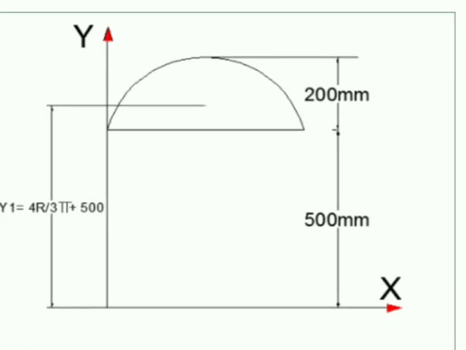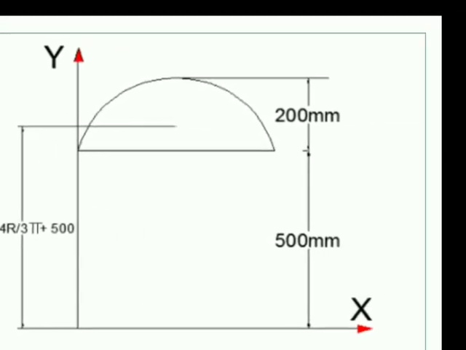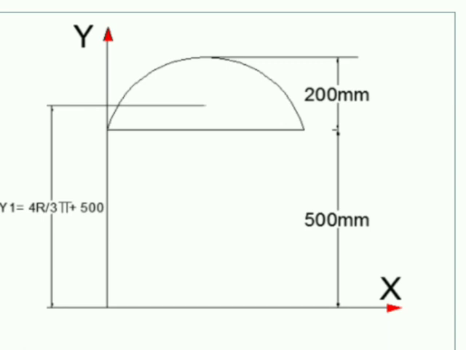Now next we'll come to the semicircle, which is the topmost element. Here I'll be taking y2. Again I apologize for this writing mistake. Please make it y2 while solving. Now how much will be y2? Firstly, from the CG to the base of the semicircle it will be 4r by 3 pi. Then beyond the base of the semicircle up to the axis it is 500.